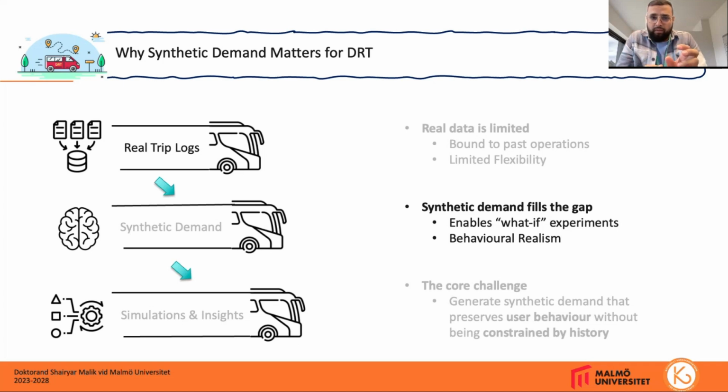But for those experiments to mean anything, the generated synthetic demand must look like and behave like the real demand. This is what we call behavioral realism, and that's exactly where the main challenge lies.